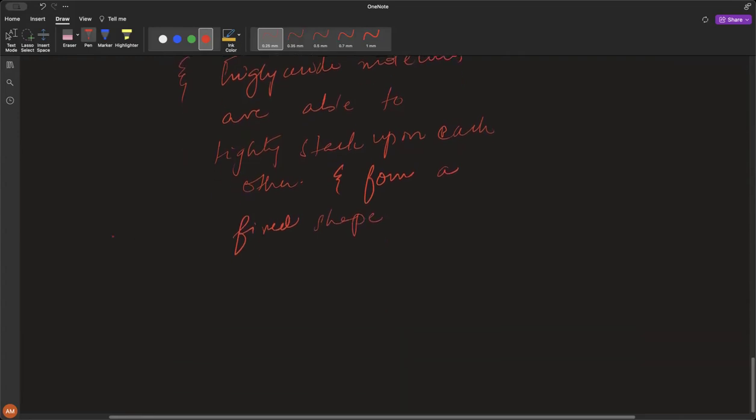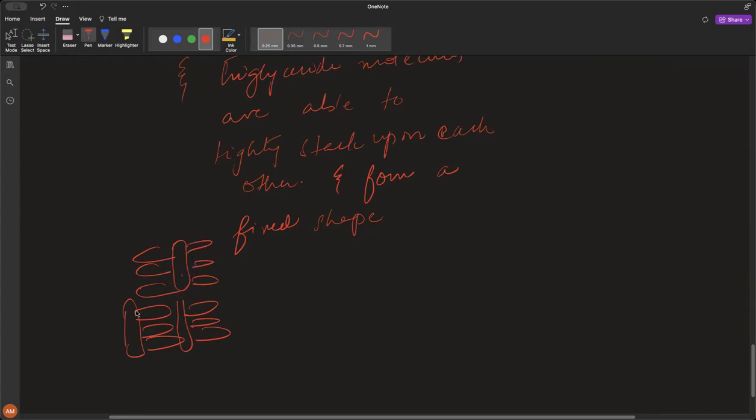Like how? Like this fatty acid molecule, right? Maybe another fatty acid molecule is able to, you can say like this. You understand?